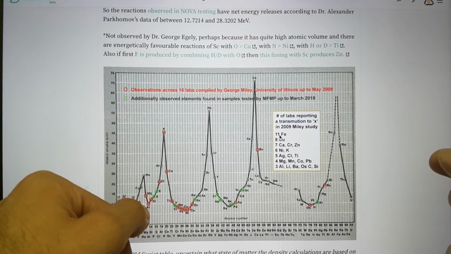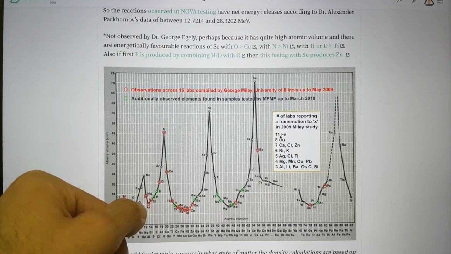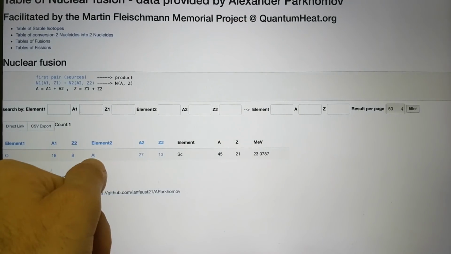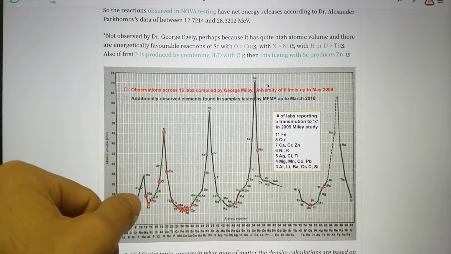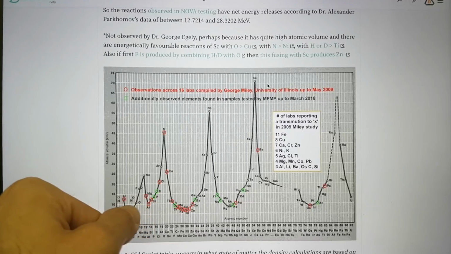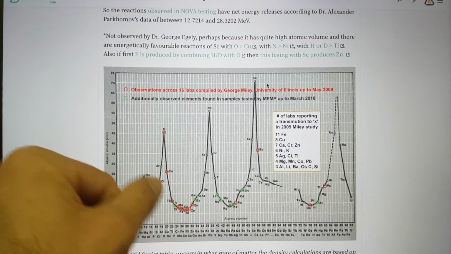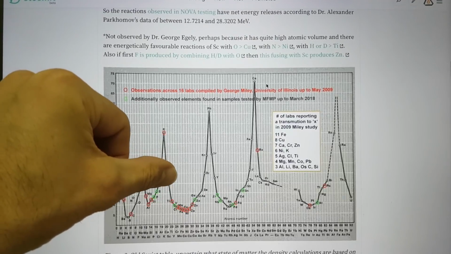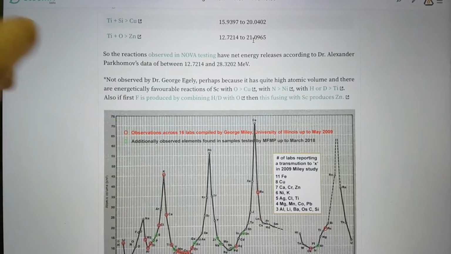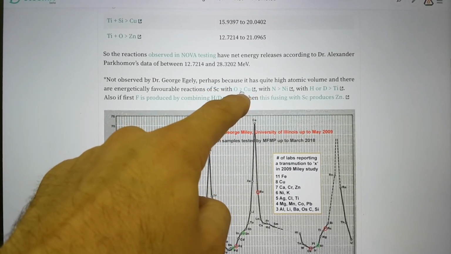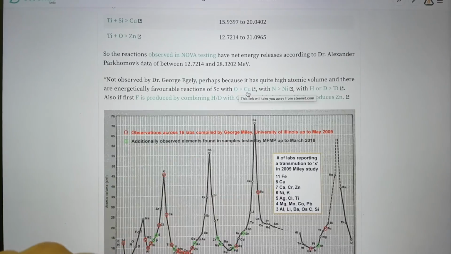So you're stepping from the fusion of whatever it was. Let's have a look. There's a fusion of oxygen and aluminium here. So aluminium is here and oxygen is here. So they have relatively low atomic volume to scandium, which is way up here. And it almost doesn't want to do it, I guess. And if you take scandium and fuse it with oxygen, you go to copper, and that's all the way down here.